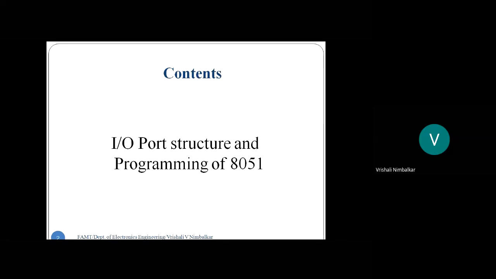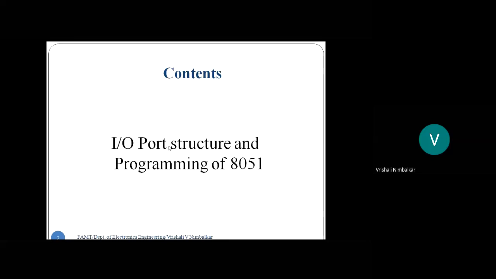IO ports, timers, serial communication, interrupt structure are called peripherals. Peripherals help the microcontroller to do certain operations. So in today's lecture, we will look into what the actual circuitry in IO ports is and how an IO port functions. So we will start with it.